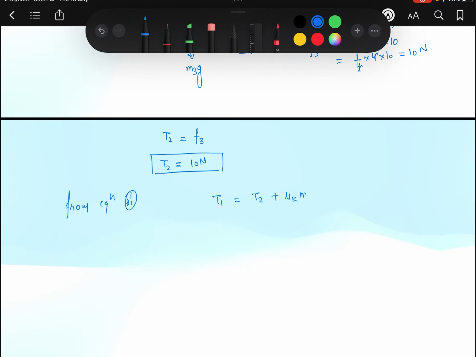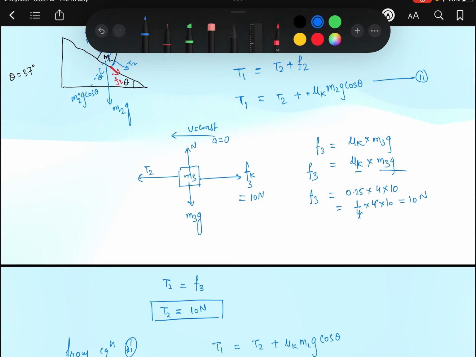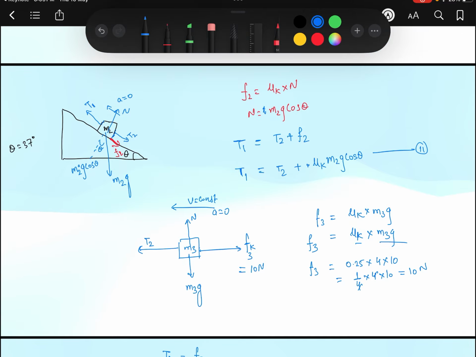Sorry, one more force we did not mention here: a component of this mg in this direction, that will be equal to m2g sin theta. So this T1 force will be balancing all of these components. So here we have to add one more force, plus m2g sin theta. So this is our equation number 2.